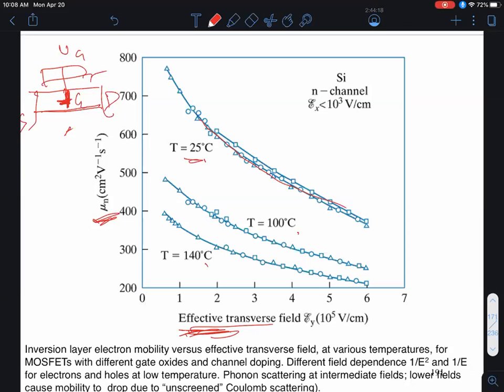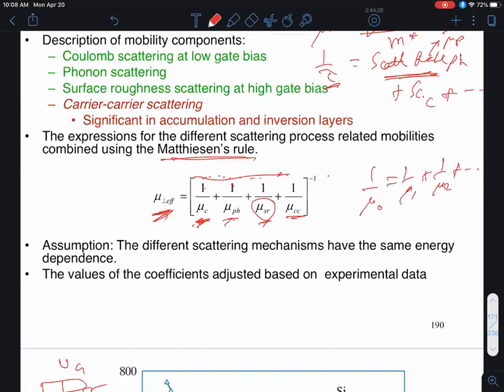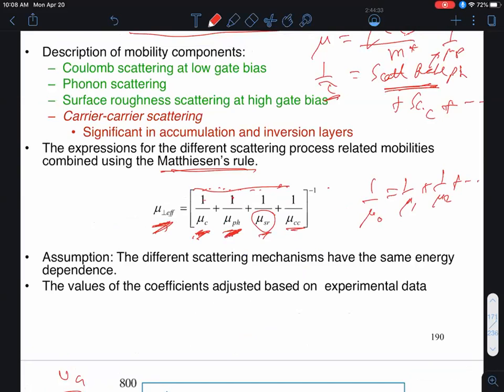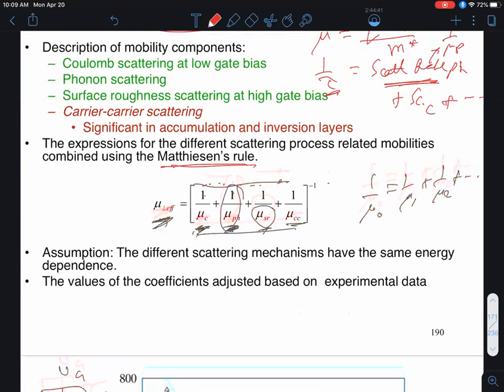Any guesses as to why the mobility, the effective mobility in the channel decreases with higher temperature? What happens at higher temperature? More scattering from the lattice. Yes, phonon scattering goes up. Therefore, mu phonon keeps decreasing. 1 over mu phonon keeps increasing. And therefore, this harmonic mean decreases even further, okay?